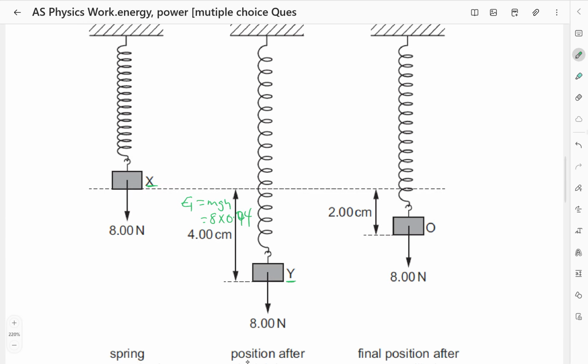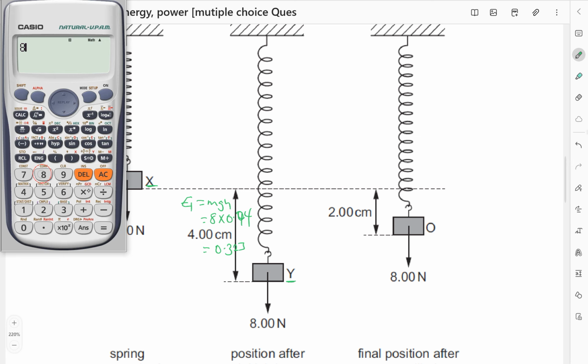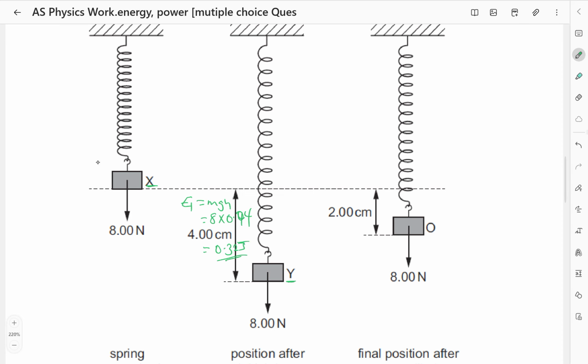So the change in gravitational potential energy from X to Y is 0.32 joules. 8 times 0.04 is 0.32 joules.